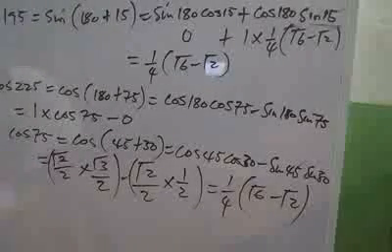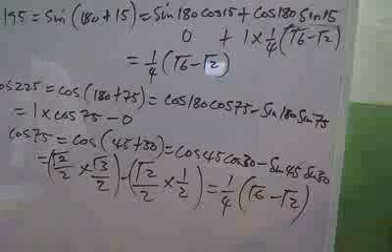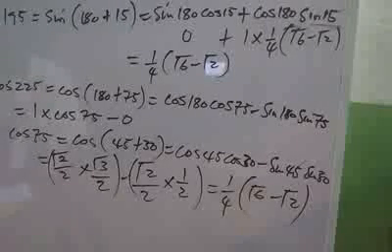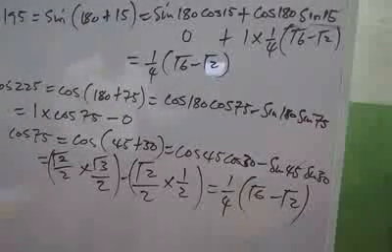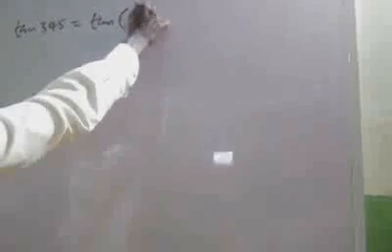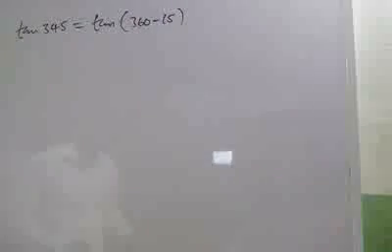We also have tan 345. We have tan 345 is the same thing as tan 360 minus 15.